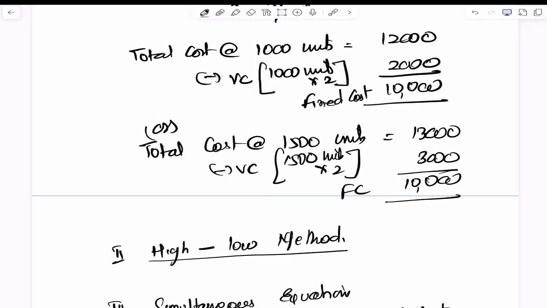You have total cost at 1000 units, total cost at 1500 units. Write the amount of fixed cost. High-low method, I'll explain. I'll give notes.